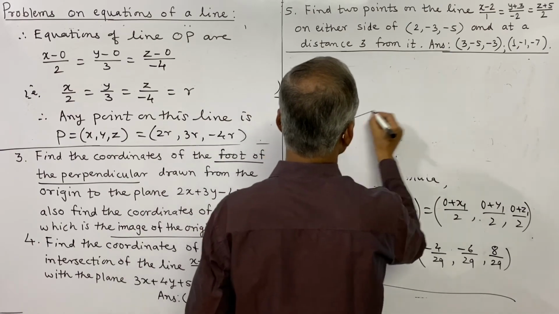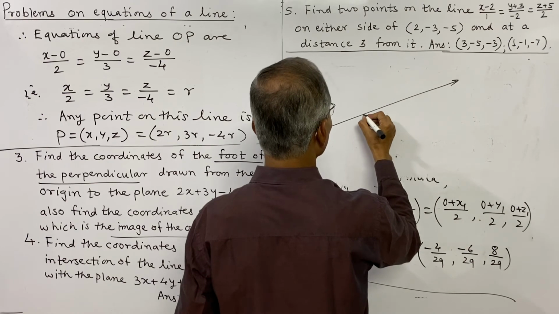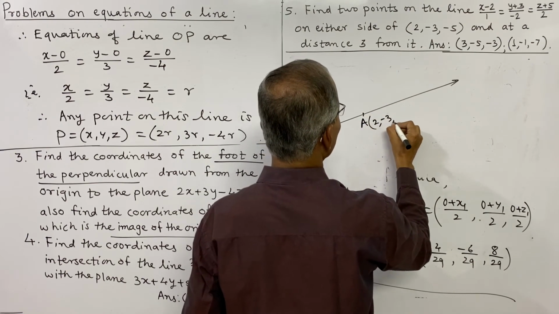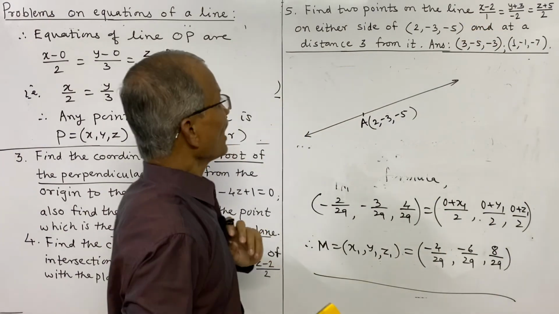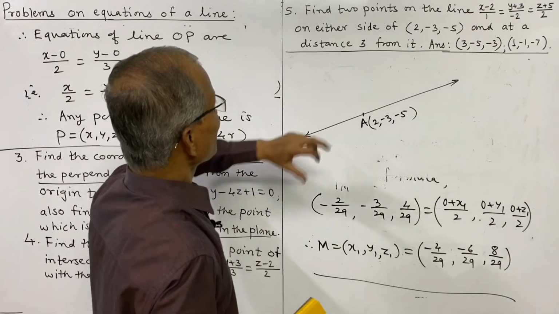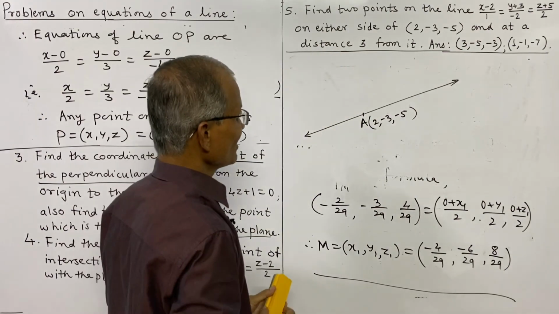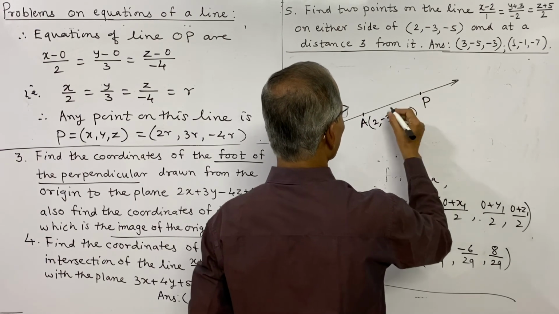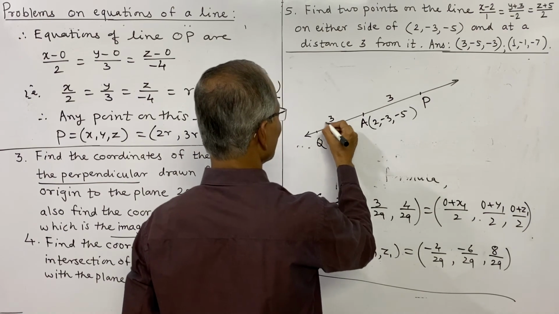Suppose this is the line and this is a point on the line, suppose that point is A, the point (2, -3, -5). You can verify this satisfies the equation, and we have to find a point on either side of this at a distance of 3 units. That means one point may be P at 3 unit distance, and another point will be Q at 3 unit distance.